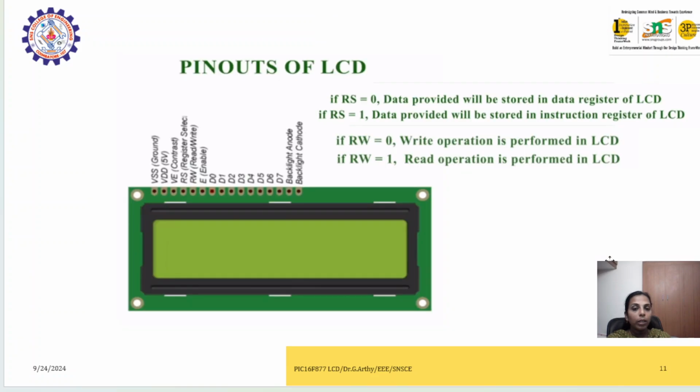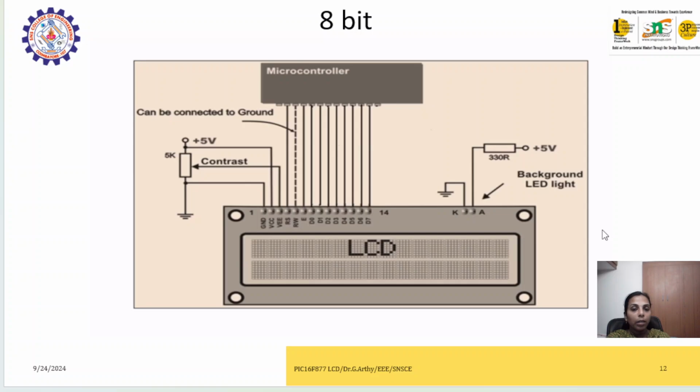And this is how the LCD is connected with a microcontroller. See here, these are the pins we discussed. Here we have the ground, which is connected to the ground. We have the supply, which is connected to the supply.